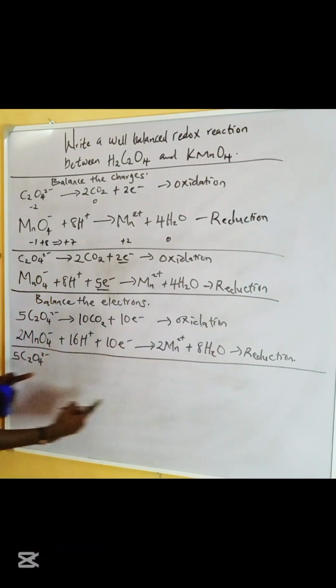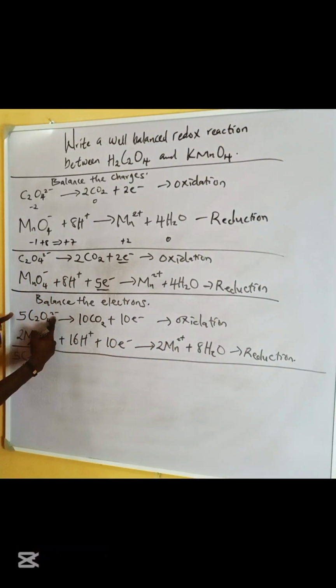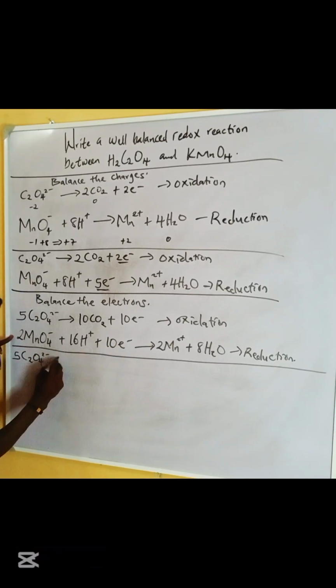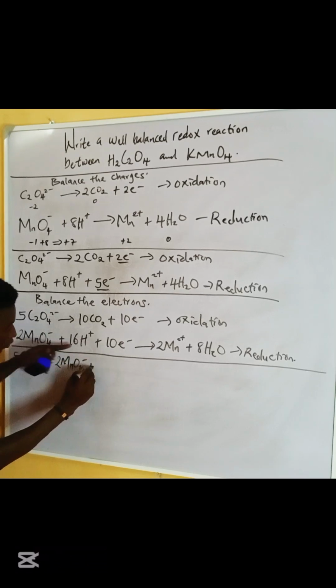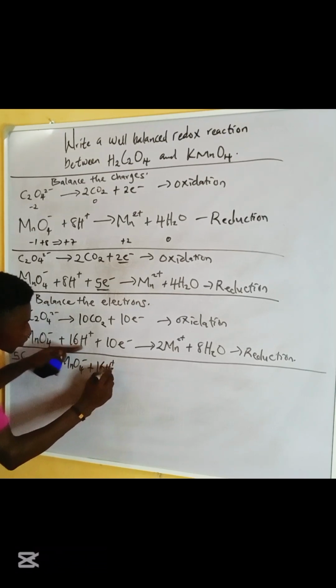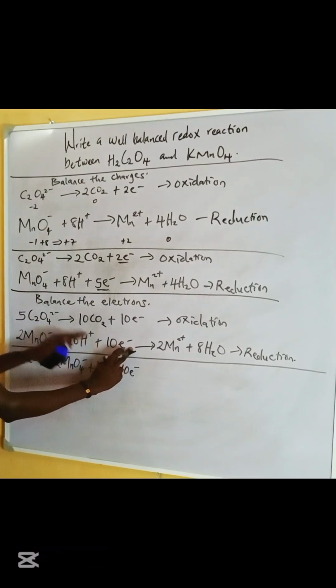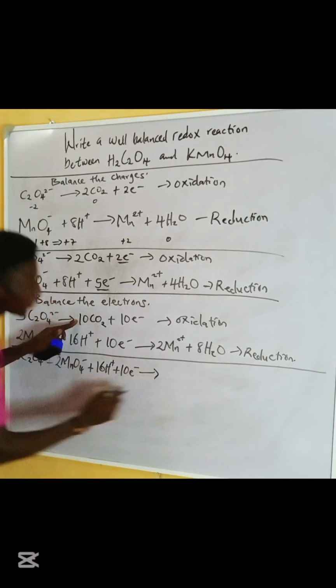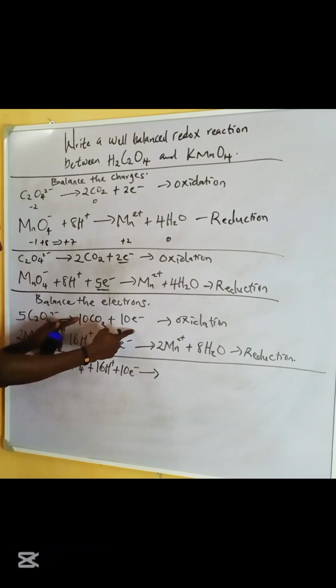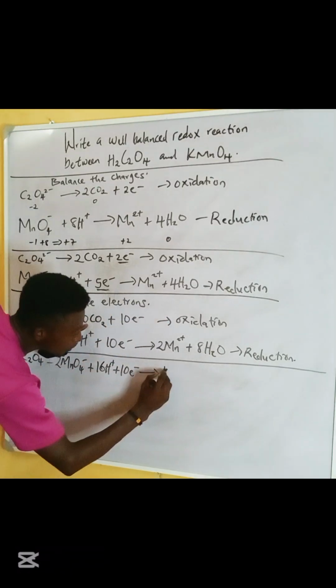So the reactant of my oxidation plus the reactant of my reduction to have 2MnO4⁻ plus 16H⁺ plus 10e⁻. Now I stopped here. I'll come back to my oxidation, my product side now: 10CO2.